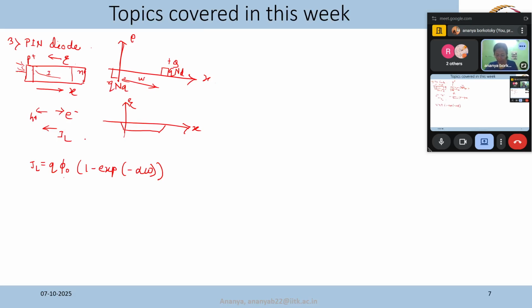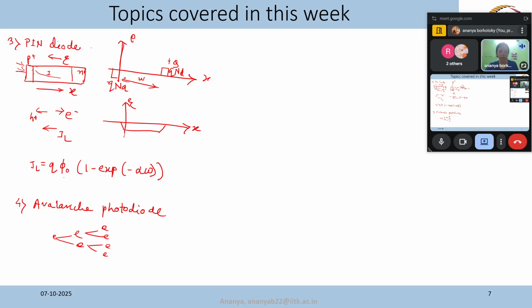Another type of device, the next one, is the avalanche photodiode. We have already studied what avalanche multiplication and avalanche breakdown are. Basically, one electron and hole pair creates another: an electron will hit and create more electrons, so there is this multiplication.